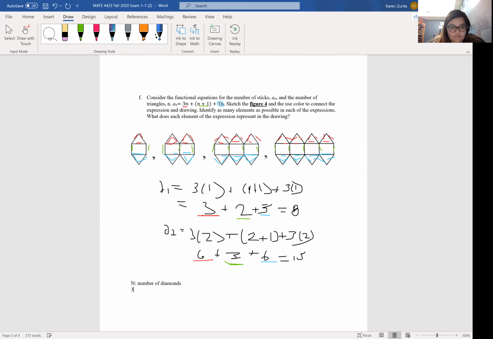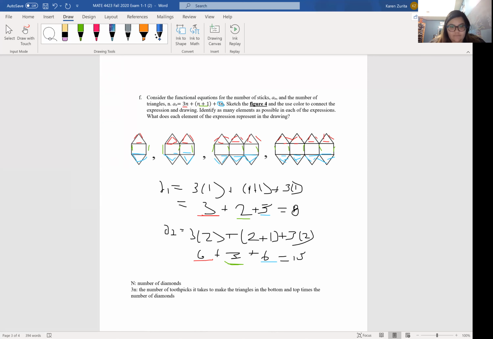Then we have 3n, which is the number of toothpicks it takes to make the triangles in the bottom and top times the number of diamonds.